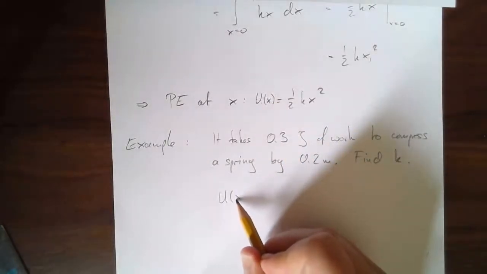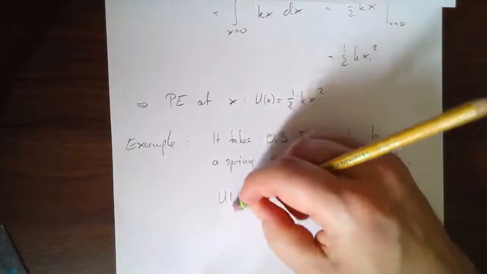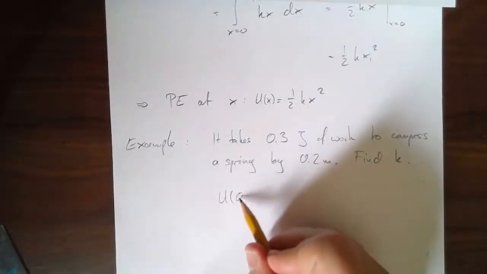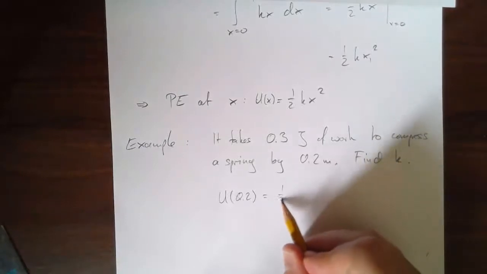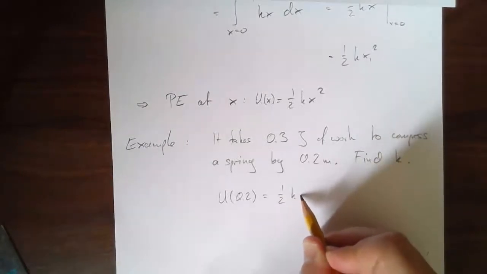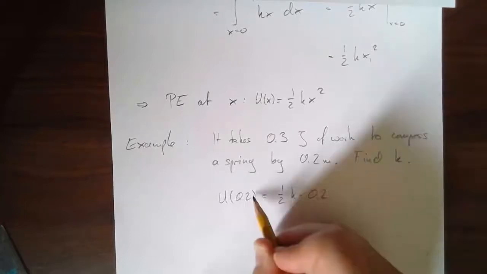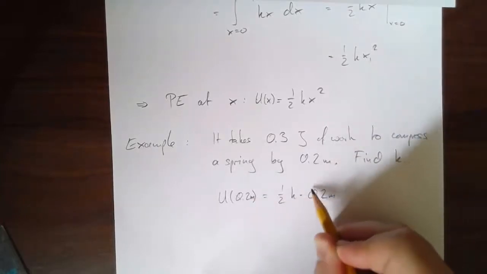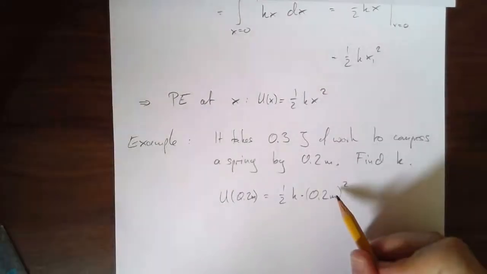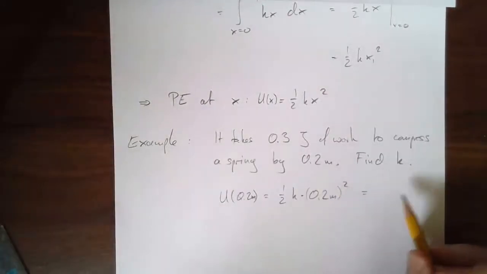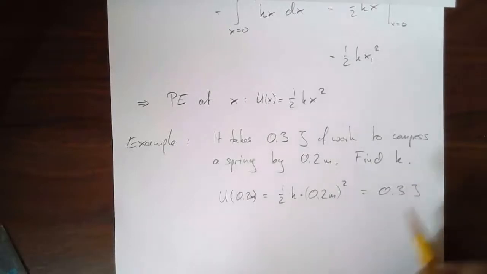U of, what do I know? I know at 0.2, so U of 0.2 is equal to 1/2 times K times 0.2 meters squared. And that better be equal to 0.3 joules.